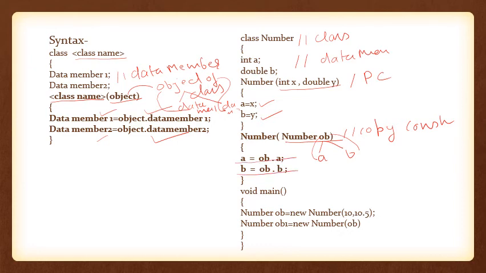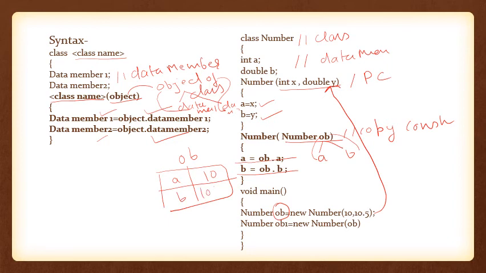Here is the construction of object OB. It will call the parameterized constructor. So during the creation of object OB, the two data members, A is initialized with 10 and B with the value 10.5. Here is the creation of another object OB1. When we call the constructor, here we are passing OB, which means it will call the copy constructor.